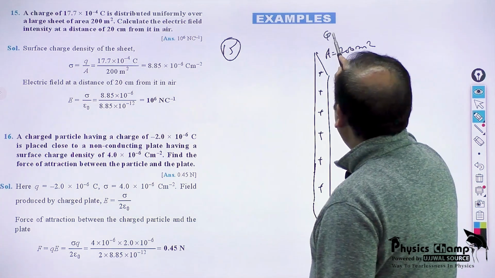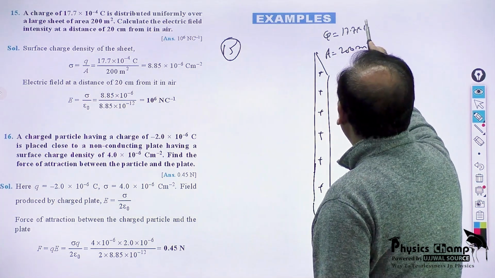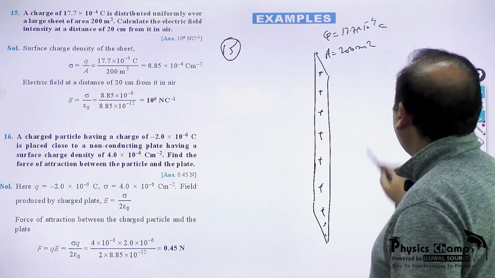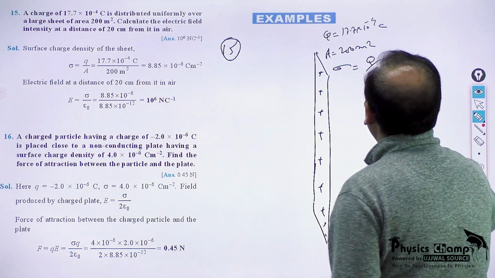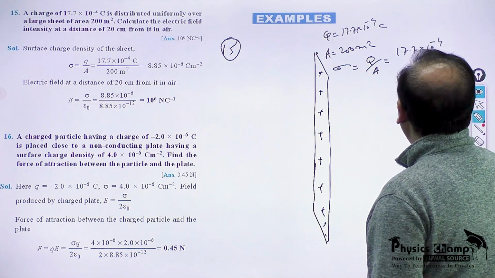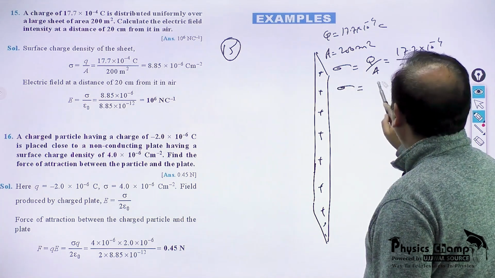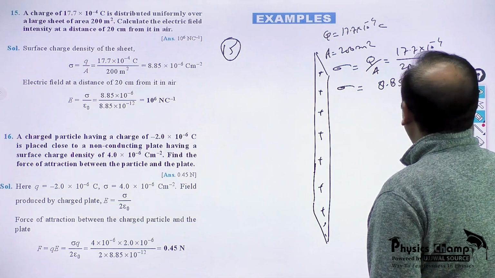And the total charge which is distributed on this is 17.7 into 10 to the power minus 4 coulomb. So here we will have a charge density which is Q by A. So it will be 17.7 into 10 to the power minus 4 divided by area 200 meters square. So charge density would come out to be 8.85 into 10 to the power minus 6 coulomb per meter square.